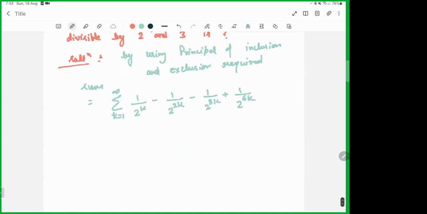So we have to compute this summation, right? How to compute this? This is easy. This is the basic geometric progression series which you have read in 9th, 10th class. Let's open this sum so that you can see.